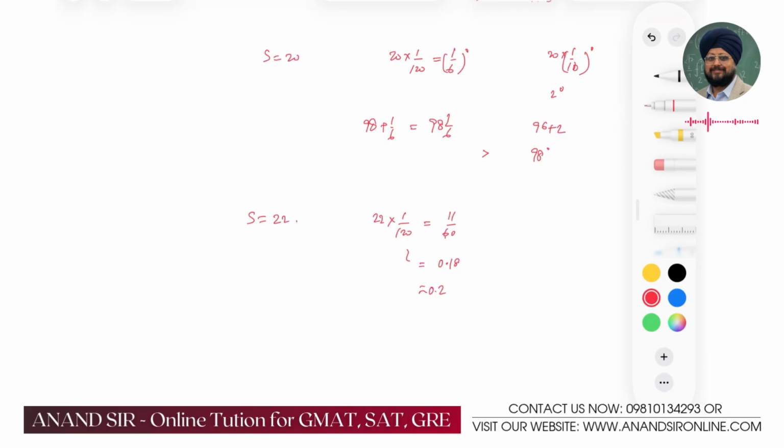And here it is 22 into 1 by 10, that is 2.2. Now I add 98 to it, it becomes 98.2. And this side is 96 plus 2.2, which is 98.2. So here they both are equal.